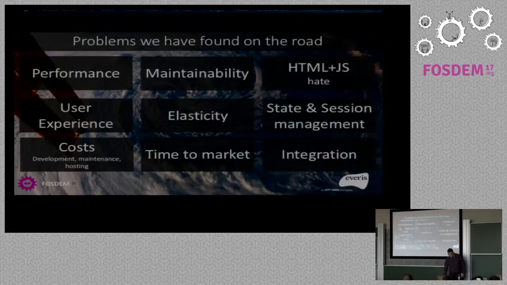With this development model, we found several issues. For example, we had performance problems from the front-end development point of view, because of the ViewState, the state management, all these implementations that use server rendering. We also had problems with maintainability, with the HTML and JS that many of the developers said they hated when we set this architecture: I don't feel comfortable with HTML, I would rather do this in the backend.